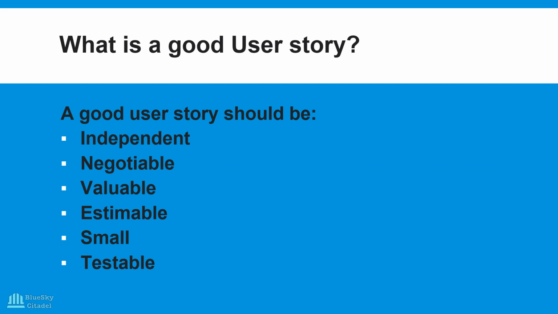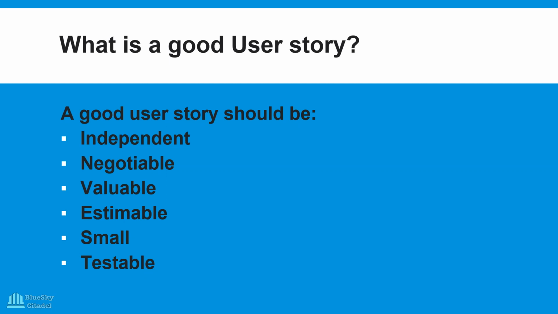The stories can be worked in any order. So when you're putting the stories together to take to a sprint, they can be worked in any order. And this helps us to properly prioritize our user stories. So a good user story should be independent.